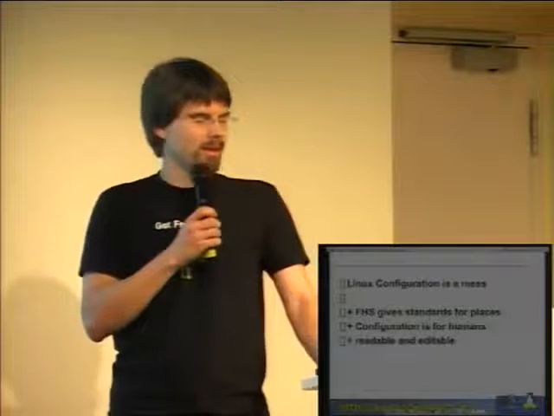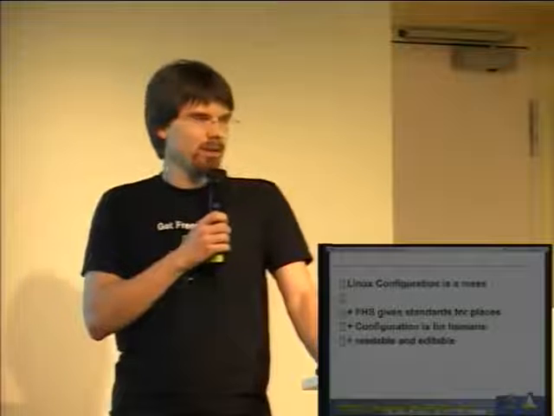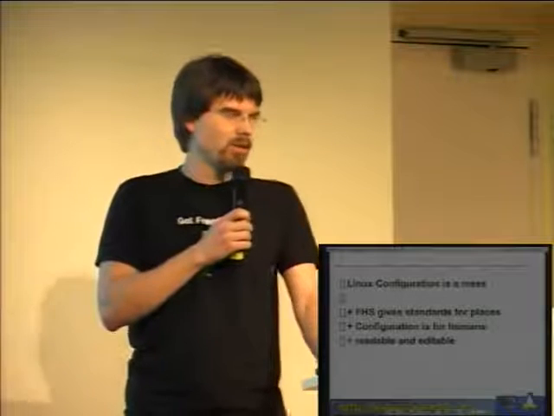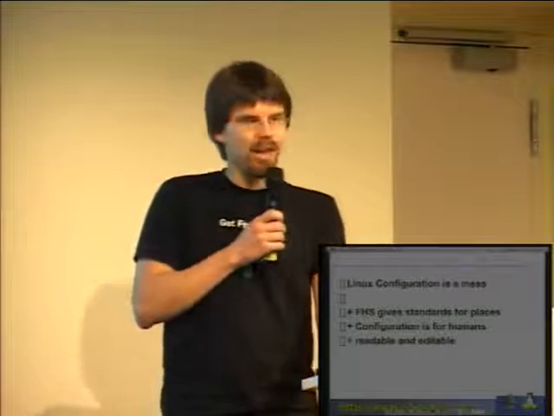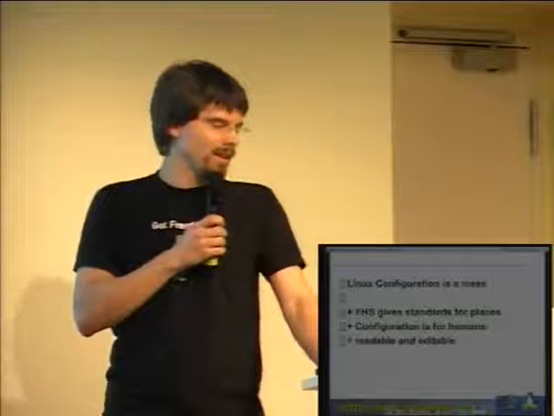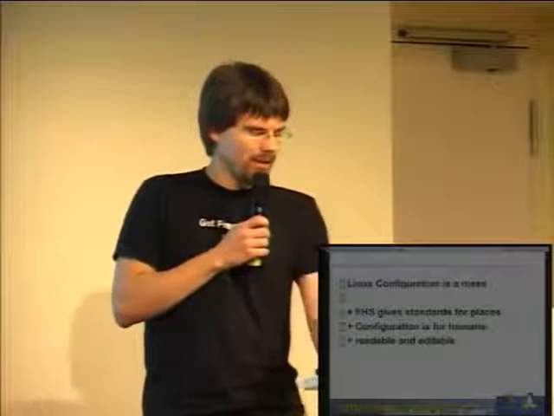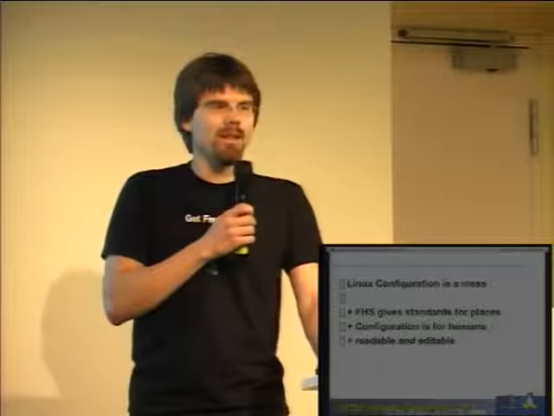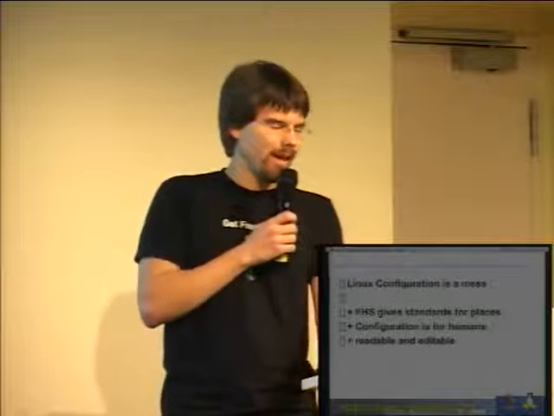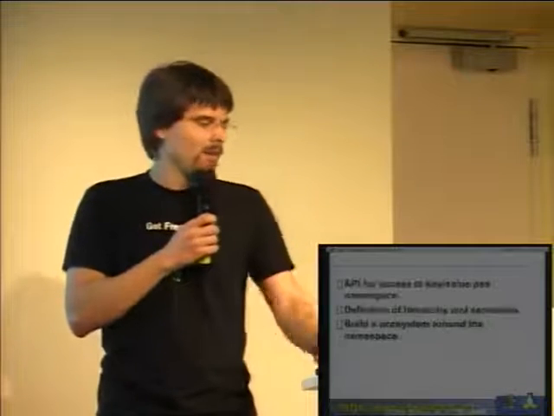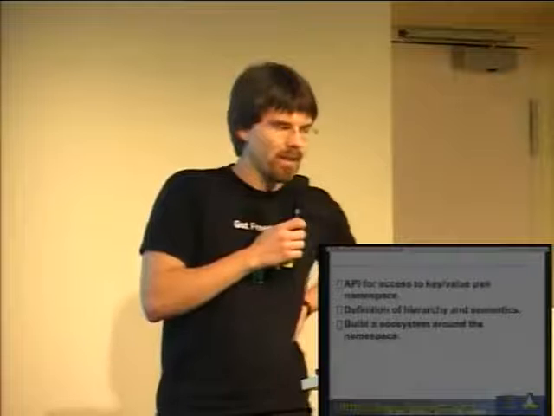Then the other point, which is very suitable, is that it is done for humans, so it is readable and editable. And I don't think that at any time it will be desirable that we lose the ability to edit with the editor. But what is the problem, and where does Elektra come in?